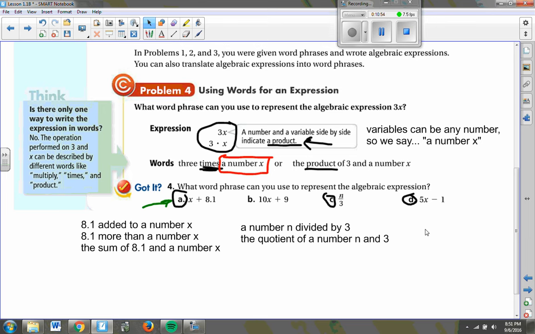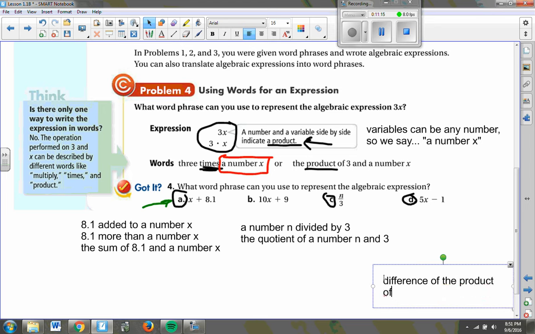Now in letter D, I'm doing 2 things again. And the minus sign here in the middle tells me that it's going to have something to do with the difference of, and then the first thing in my difference is 5 times x, which again is a whole product.